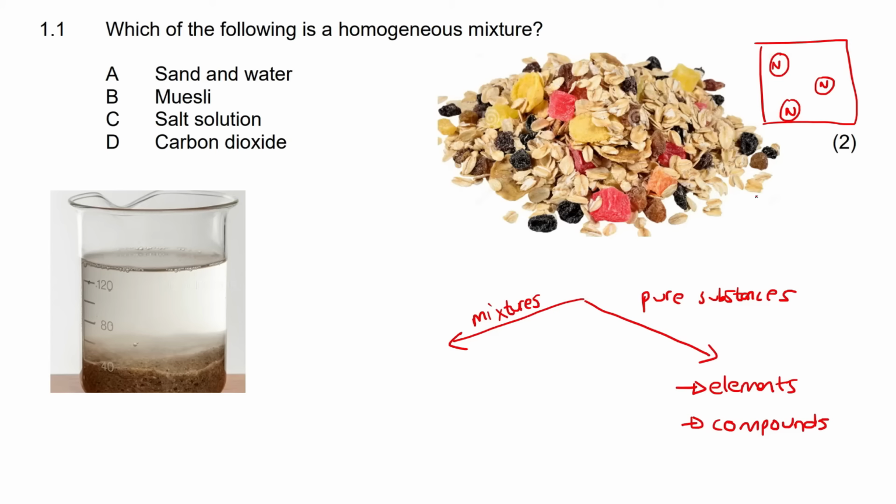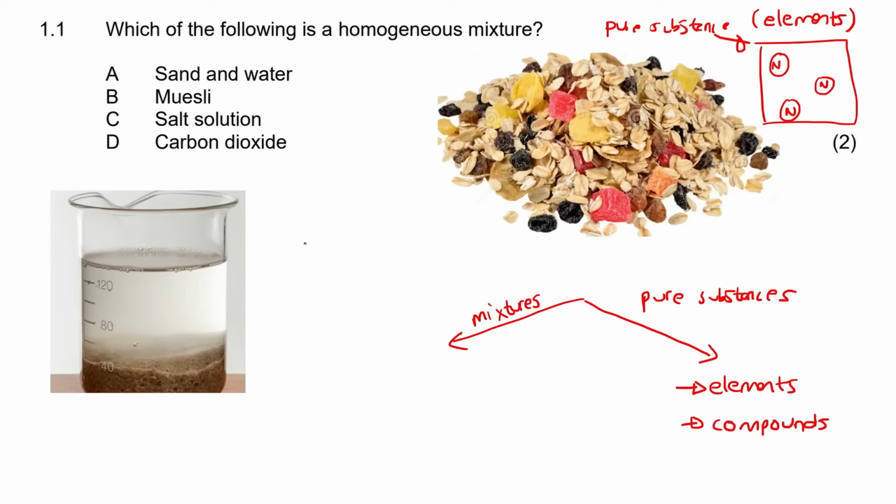If we had, for example, a container filled with H2O, so H, O, and H, and then there's another H. Okay, let me just quickly say, this is a pure substance because it's just elements.